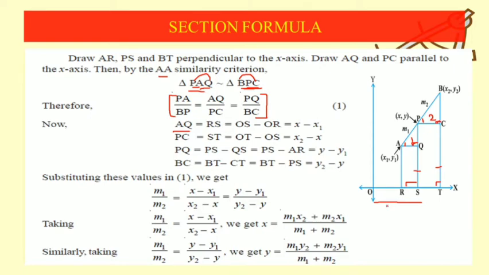And this distance OR, if you see the coordinate for A is x1, so up to R the distance will be x1. So this remaining distance RS will be x minus x1. You can see here x minus x1. So our AQ will be x minus x1.